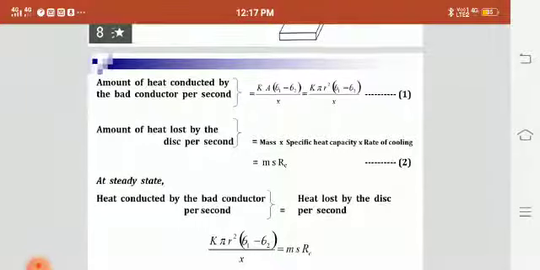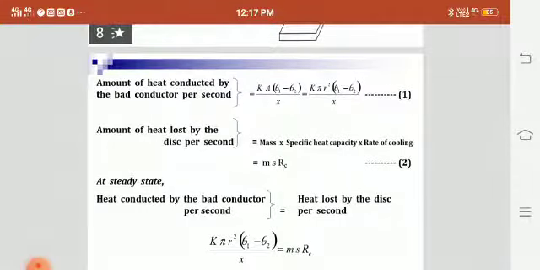This is equation 1. The amount of heat lost by the disc per second is equal to mass into specific heat capacity into rate of cooling, that is m s RC, where m is mass of the material, s is specific heat of the disc, and RC is rate of cooling.